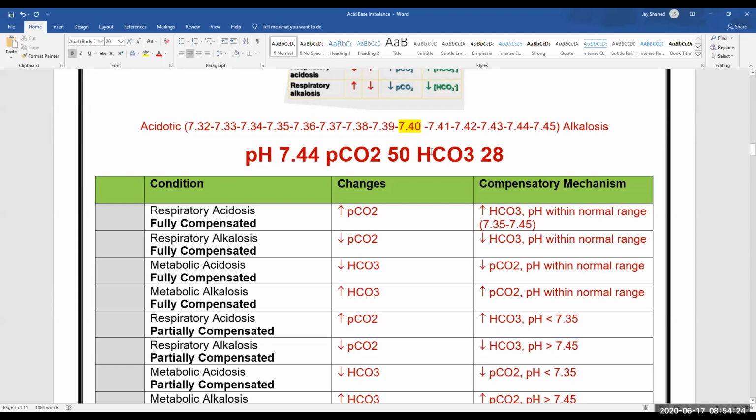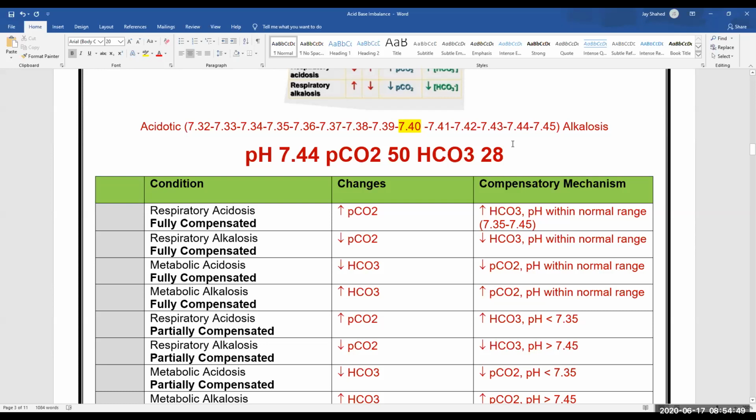So what do you think this is? Is it more respiratory or is it metabolic? Respiratory. And what is it? Alkalosis or acidosis? Acidosis. Okay. So it's alkalotic because this one is what? It's normal, but it's toward here.